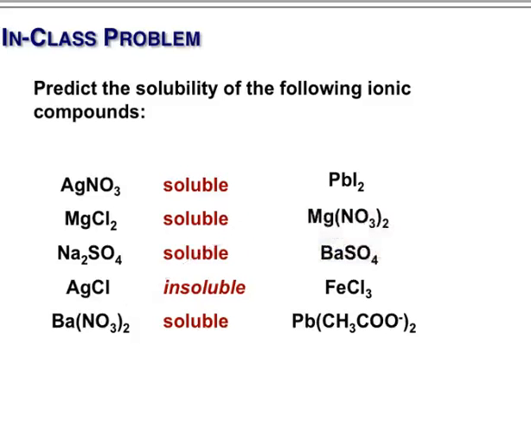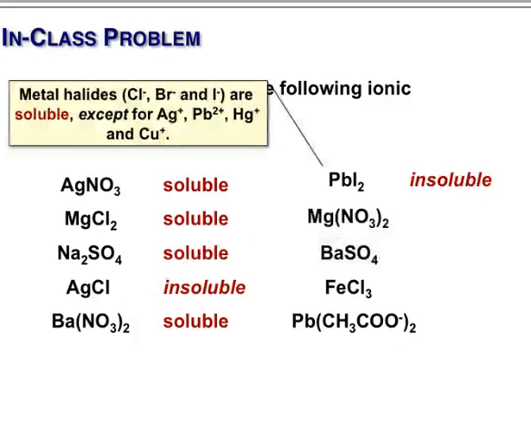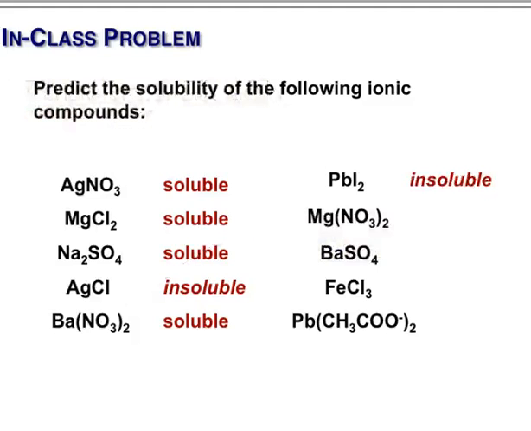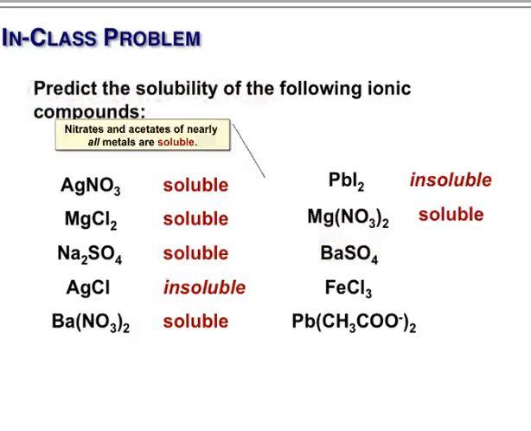Virtually all halides are soluble, except for the heavy metal guys. That is silver, lead, mercury, and copper. This is a nitrate. Virtually all nitrates are going to be soluble.